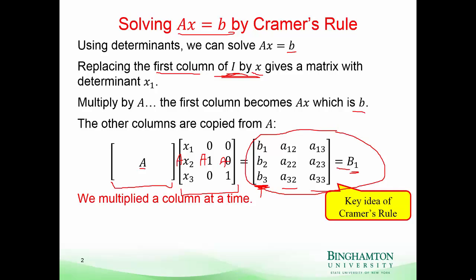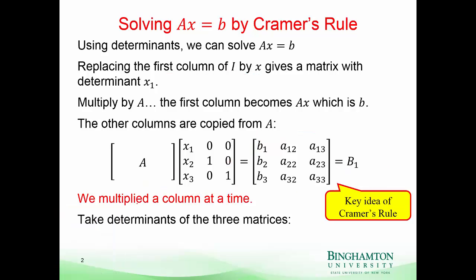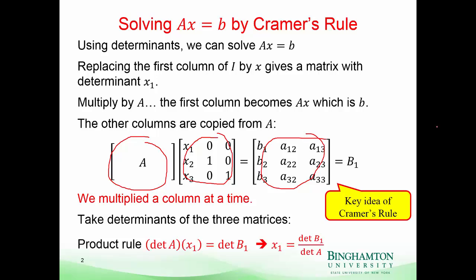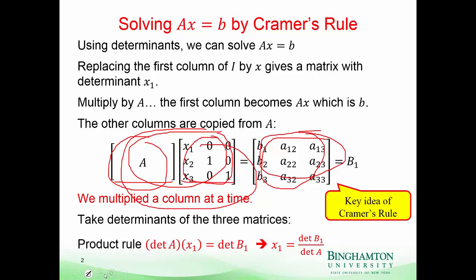So we're basically multiplying this thing column by column and figuring out what we get. Well, now we can take the determinant of these three matrices. So we've got A times this modified identity matrix is equal to B1. So we know that the determinant of this side must equal this side, but the determinant of the left side is the determinant of A times the determinant of this modified identity matrix.